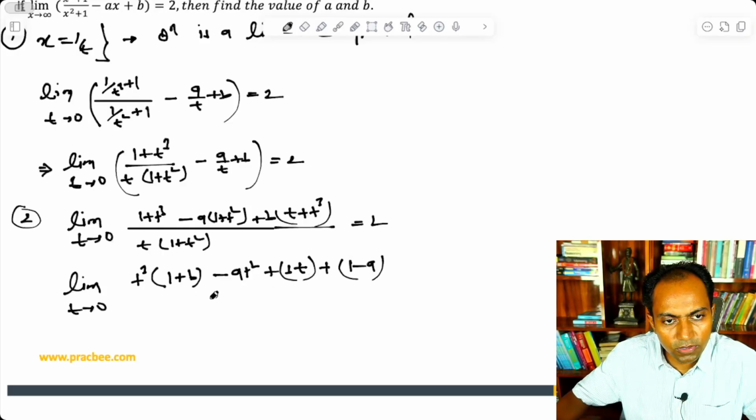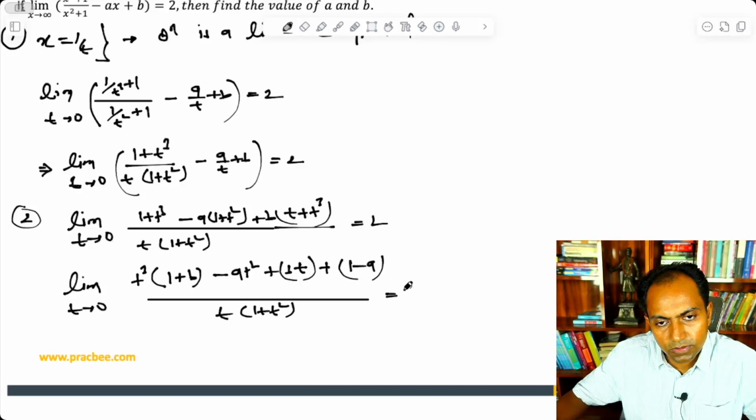So we have all the terms now. Divide by t times 1 plus t square. This is equal to 2. See, once you have this, now we can understand that if I am putting t equal to 0, what is going to happen? If I put t equal to 0, all of these terms will become 0.